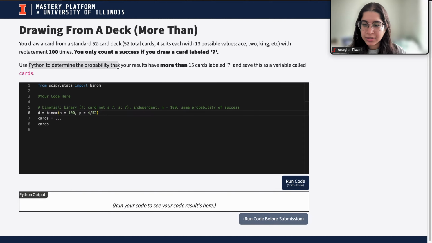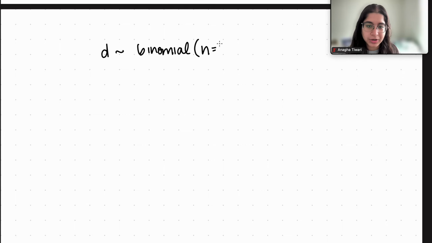And now, using Python, determine the probability that your results have more than 15 cards labeled 7. So what does this mean? We can draw it out. Our distribution D represents a binomial distribution where n is 100 trials and p is 4 out of 52.